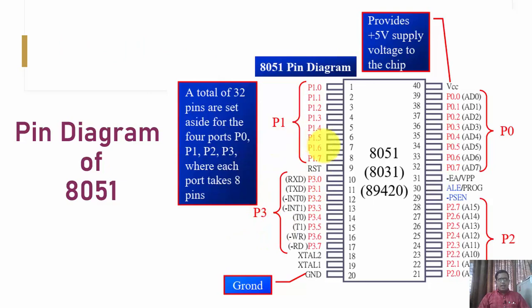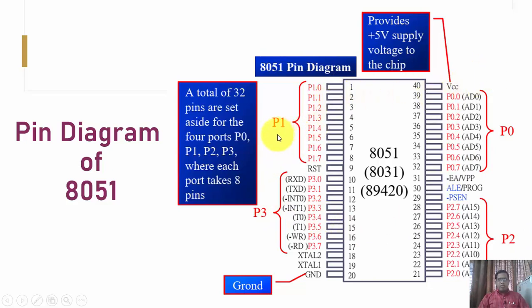So this is a detailed pinout diagram of the 8051 microcontroller. As said earlier, this 8051 microcontroller is basically a 40 pin IC. These pins are broadly distributed as 32 pins used as port pins, that is P0, P1, P2 and P3, and as said, each of these ports is 8-bit wide.